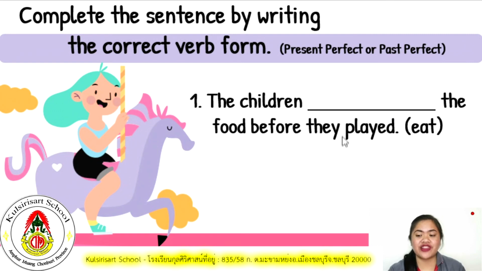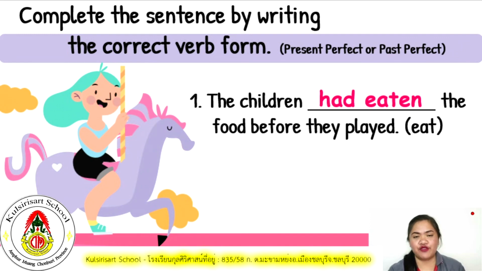Remember, before the simple past happened another verb. So what should be the form? Present perfect or past perfect? And remember our subject, it is plural. What is your answer again? Very good. The correct answer is had eaten. Because our sentence has 2 verbs. The simple past and the blank, which is in the past perfect.